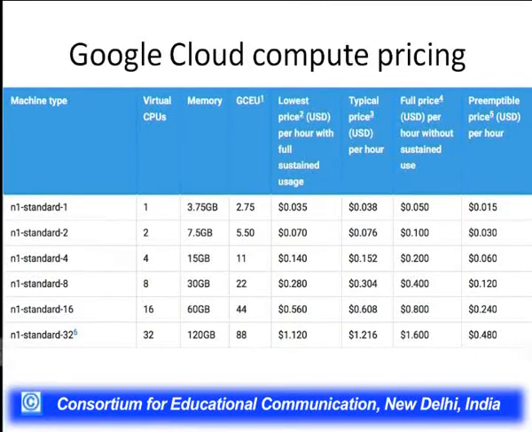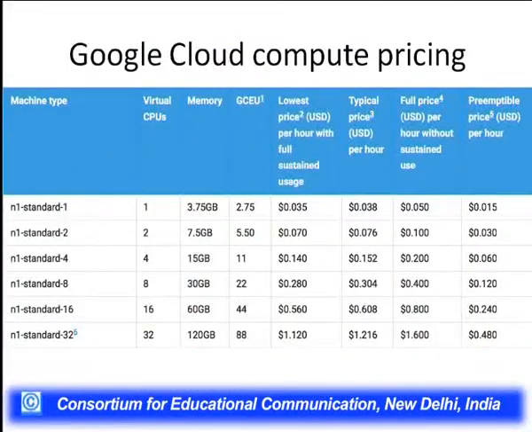But if you're going for N1 standard 32, which is a machine with 32 virtual CPUs, you have to pay a higher amount, that is $0.480 per hour.